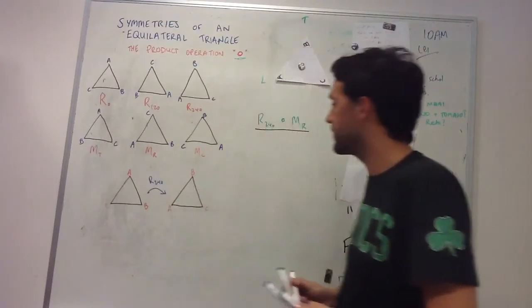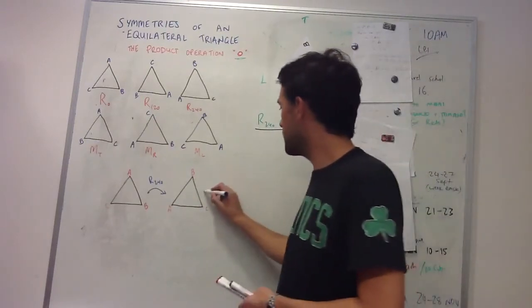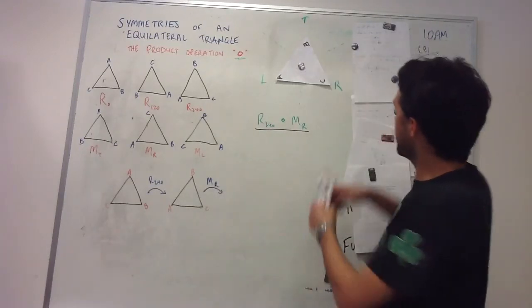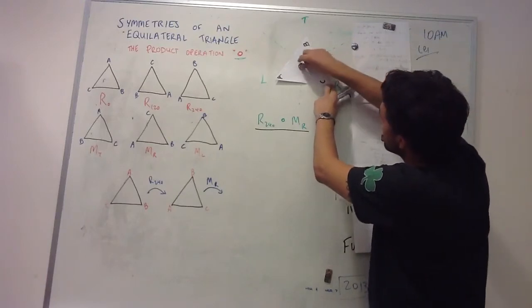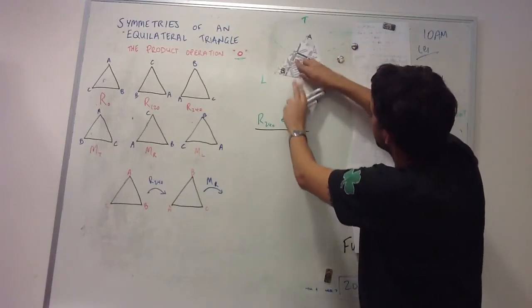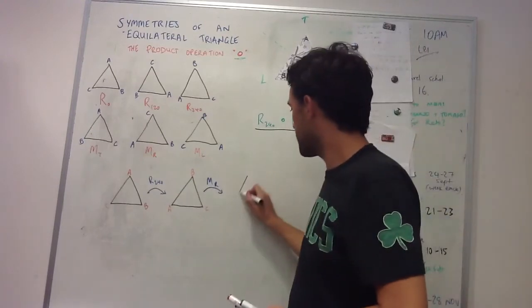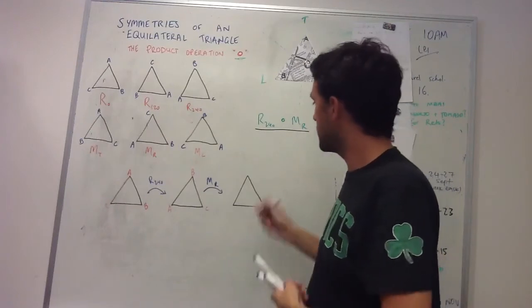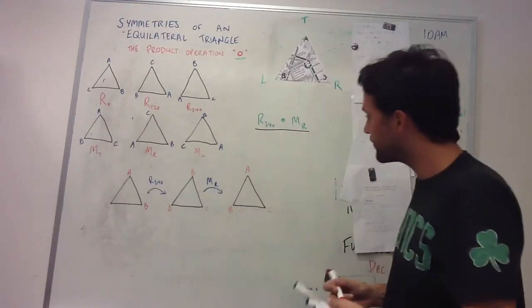Looks like this. And then I take the mirror that goes through the right-hand vertex. So that's this mirror here. It's going to leave C in the same position, and then A and B will swap. It's going to go like this. So A is here, B is here, C is here.